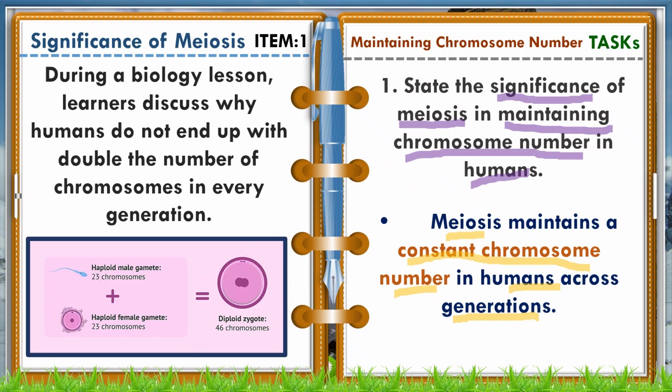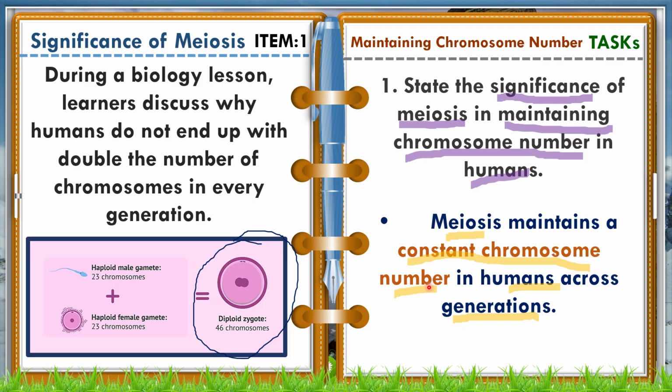For example, this is our zygote. The new generation will have 46 chromosomes from generation to generation. But what brings that is meiosis, the one that maintains a constant chromosome number.